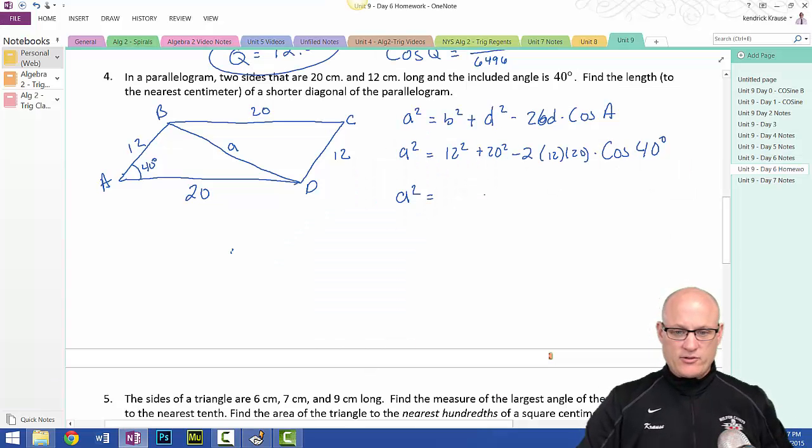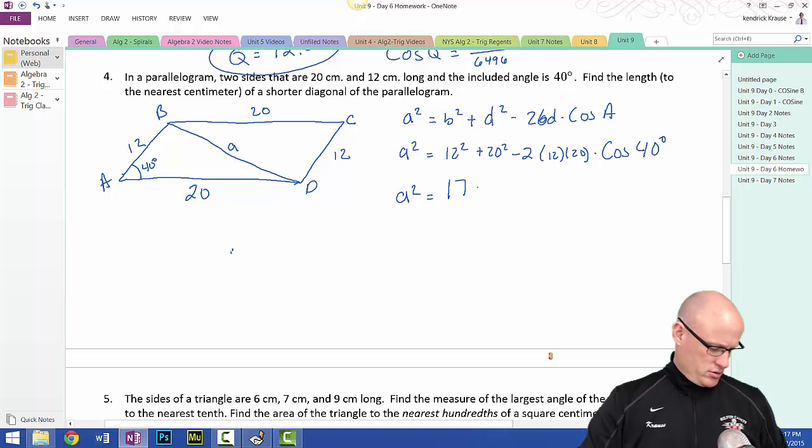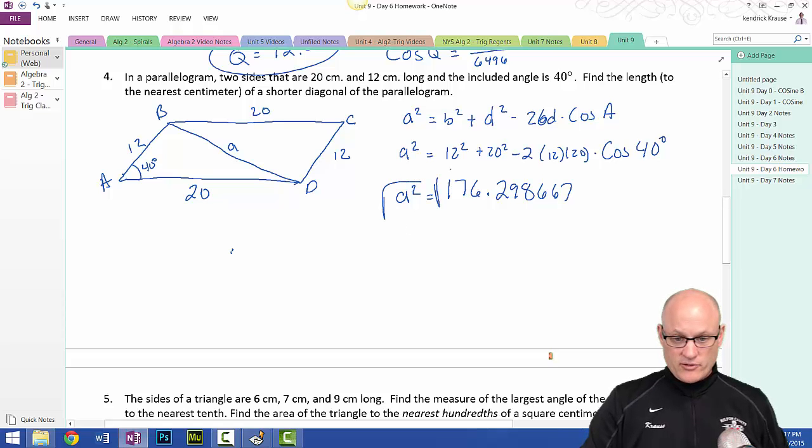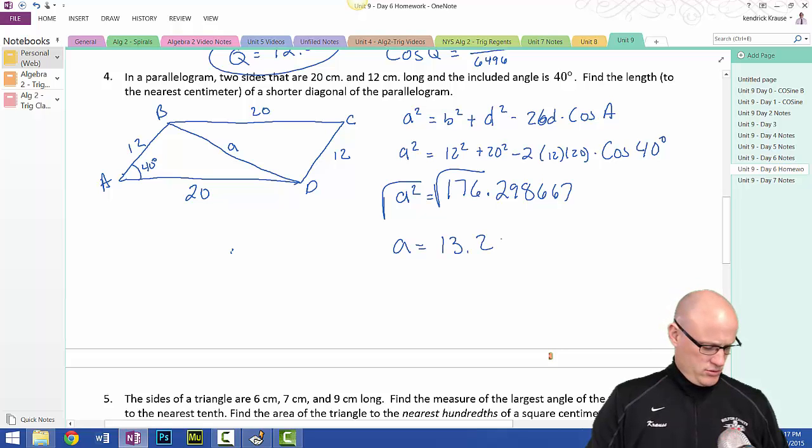So I get a squared is equal to 176.298667. All right. Take the square root of both sides, and I get a equals 13.2777. Rounded to the nearest centimeter, my answer is a equals 13.